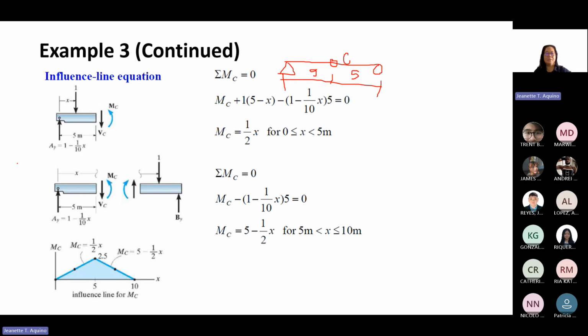So we know from example 1 that AY is 1 minus 1 over 10x.